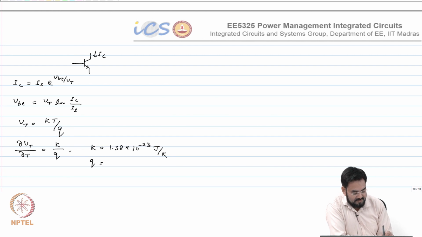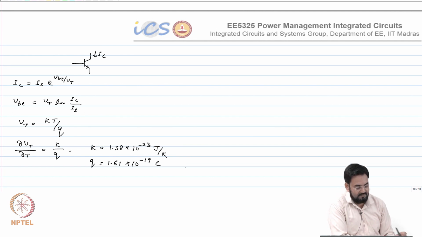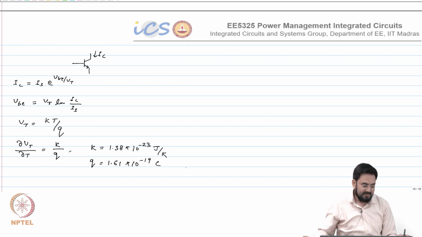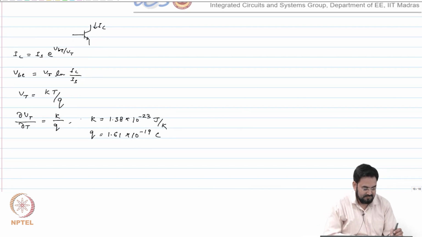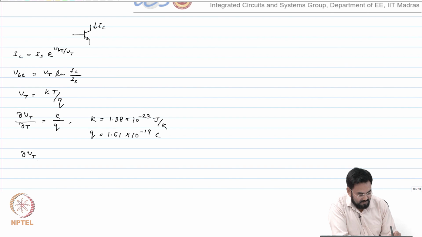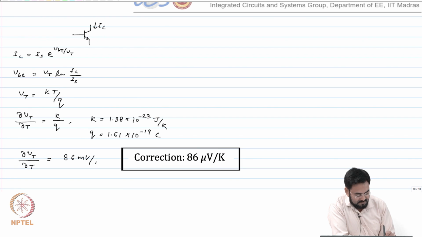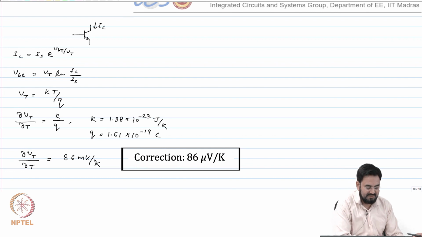And Q is 1.6 into 10 power minus 19. So substitute here. What is this value? 0.0857 into 10 power minus 4, roughly 86 microvolt per kelvin, correct?